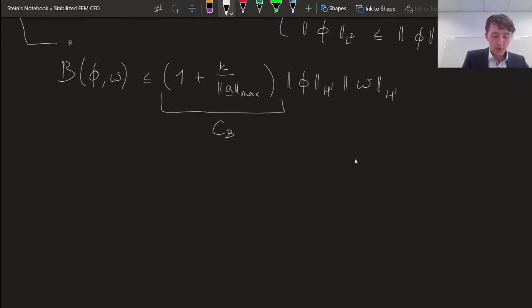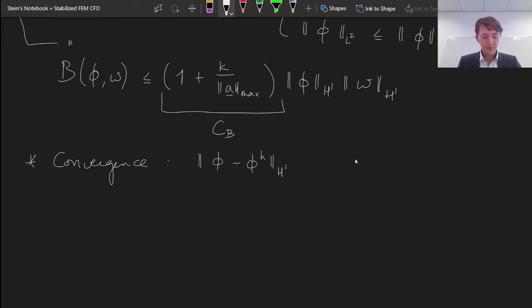The expression that we came up with is that if we're talking about the convergence of a finite element scheme, the natural norm of the error, so the natural norm of phi minus some finite element approximation thereof, measured in the H1 sense, was going to be smaller than or equal to the boundedness coefficient divided by the coercivity coefficient of the bilinear form and multiplied by some interpolation constant.